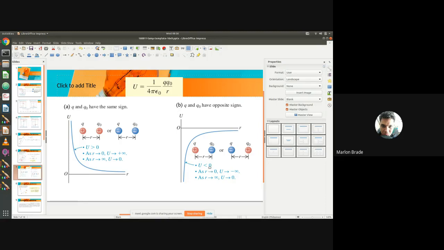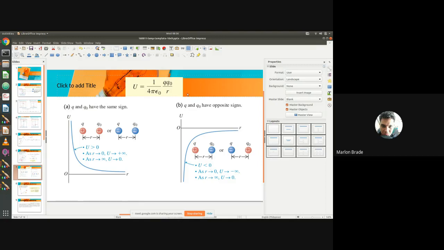Okay? But for the case nga ang akong potential energy is less than 0 or negative, the charge Q and Q naught have opposite signs.